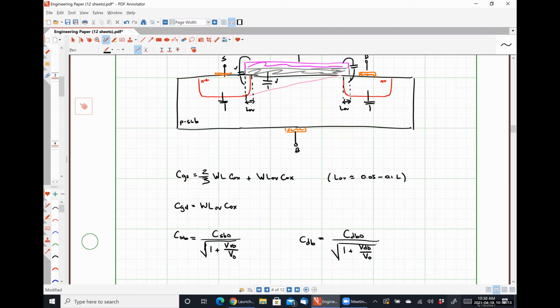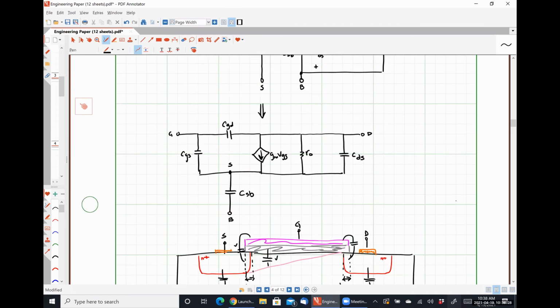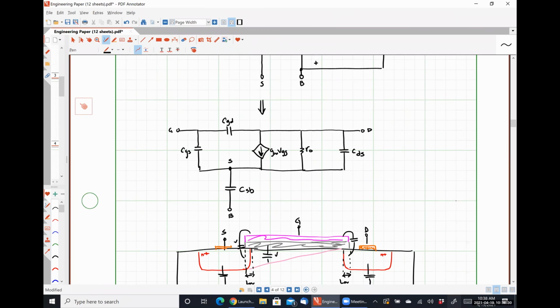They are both doped at the same dopant concentration, and they are both sitting in the same substrate, so they have to have the same built-in voltage. So we only have to deal with the one of them. And so this gives us all four of our capacitances that we see in our model.